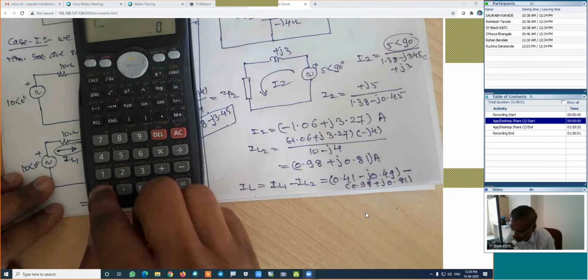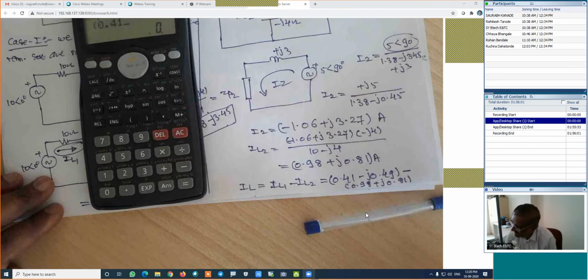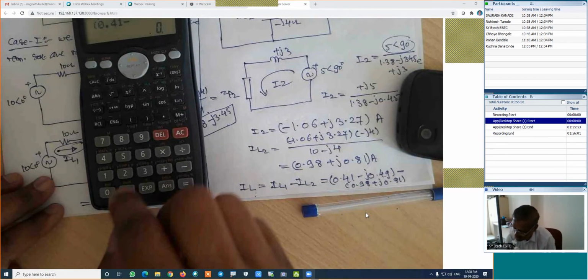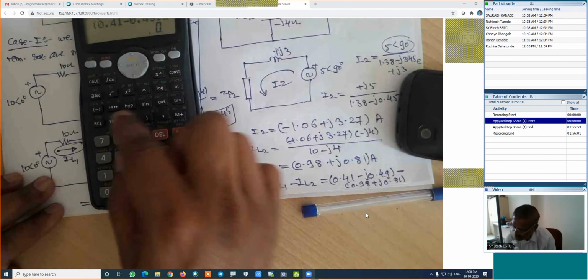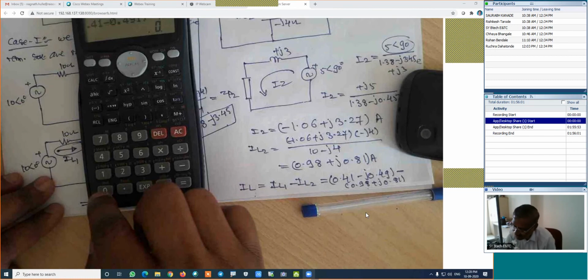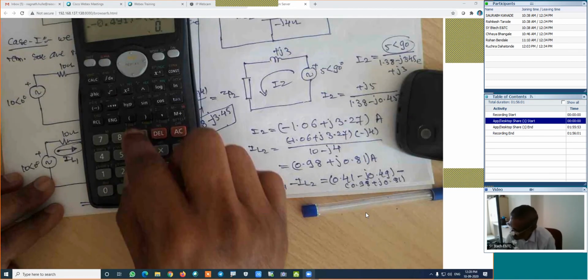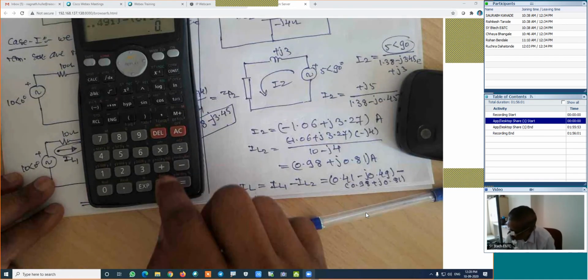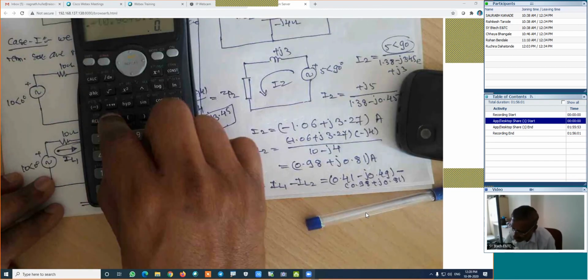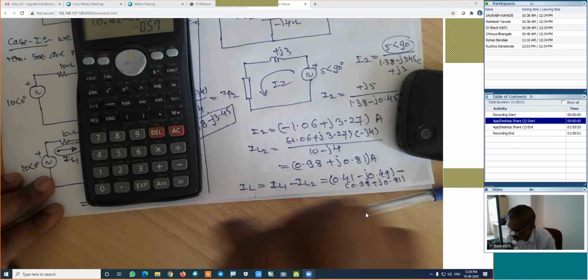I will take this first value. Bracket start, 0.41 minus 0.49i, close bracket. Then minus sign, start bracket, 0.98 plus 0.81i, close bracket, is equal to.